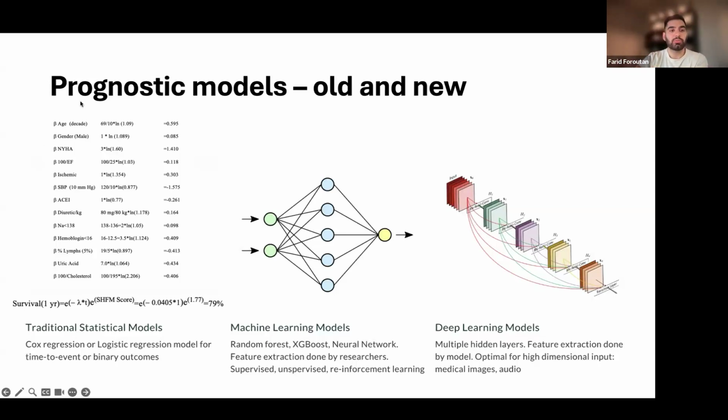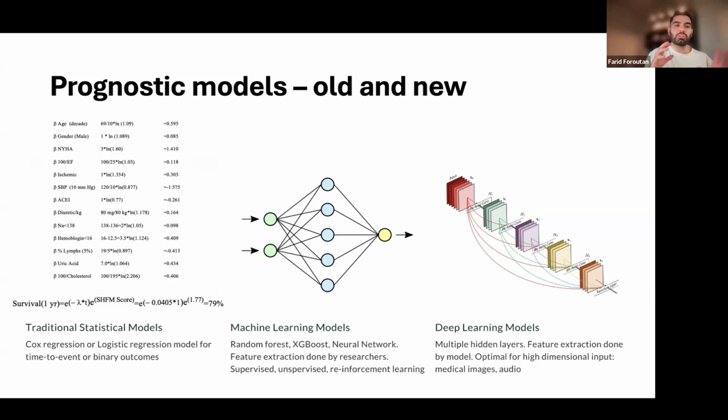The simplest form of this is on the left-hand side of the screen. This is the Seattle Heart Failure Model. It's a very traditional biostatistical model in the area of heart failure, where you can see that you have these traditional features or information that you grab from the patient, like their age, their gender, New York Heart Association classification, their ejection fraction, typical things that we get from a clinical examination.